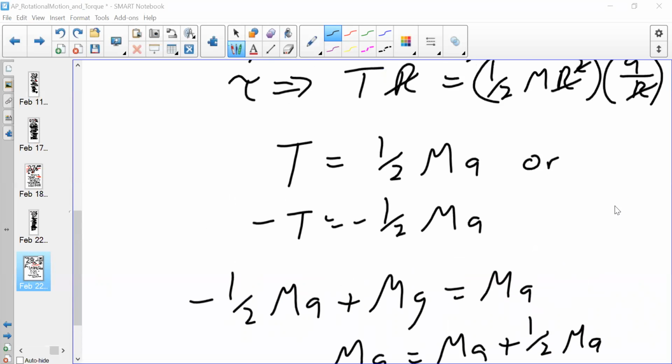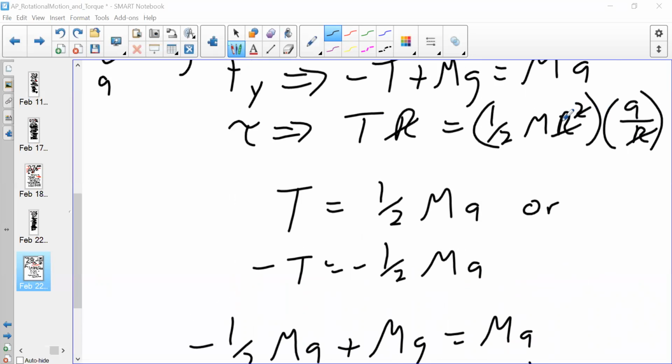Why does the r cancel out? Because this is going to be r squared, and then this is divided by r. So one of these guys goes away up top with the denominator.